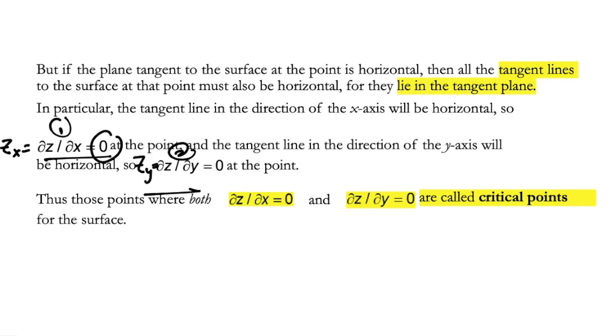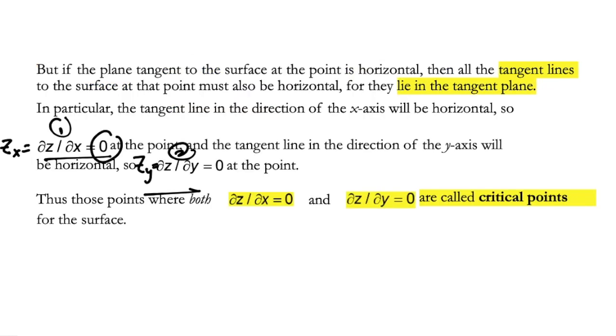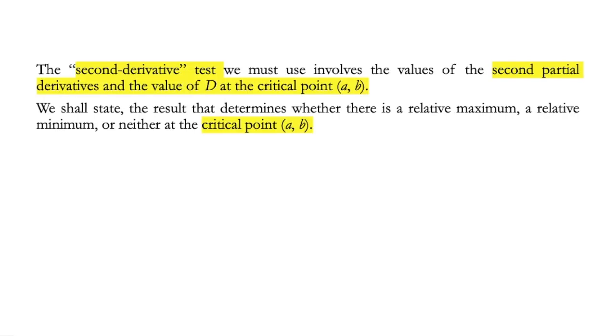When I say at that particular point, if we go back to this graph, this point or this point. That particular point that I showed you earlier is what we call a critical point for the surface.